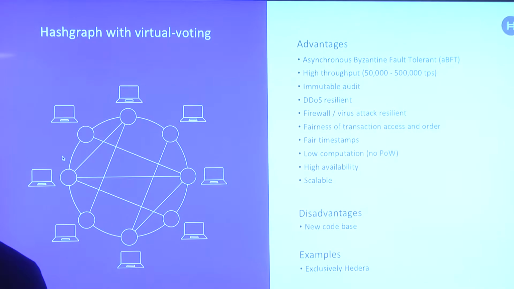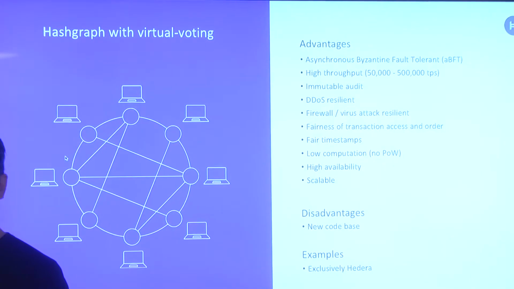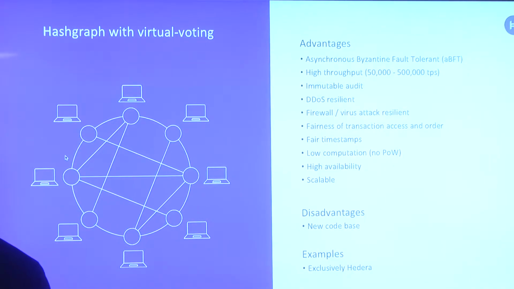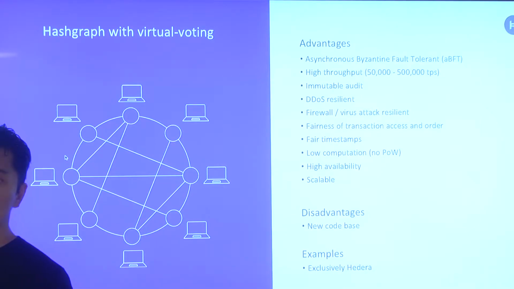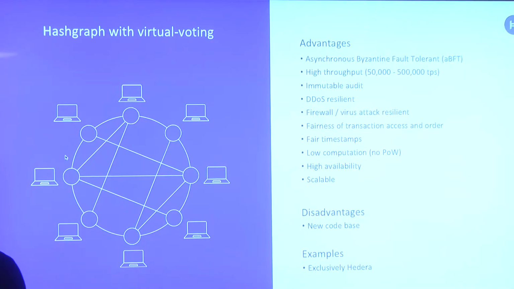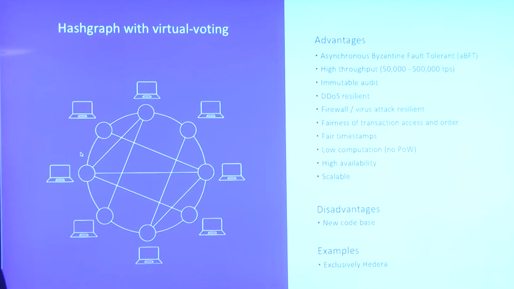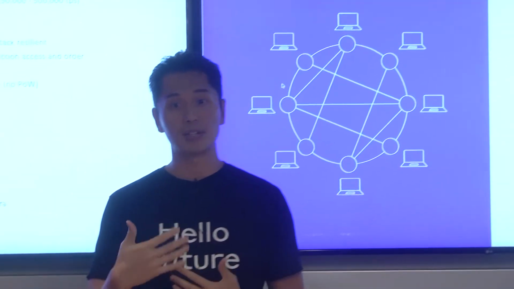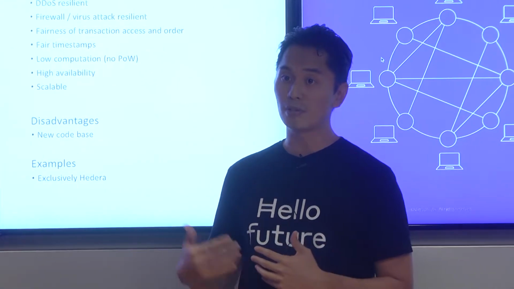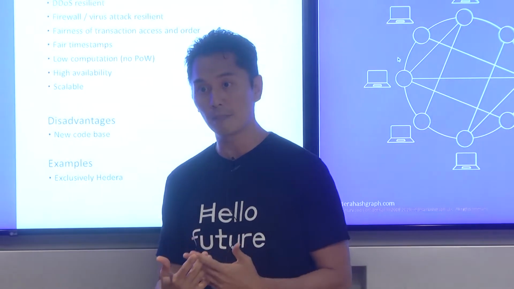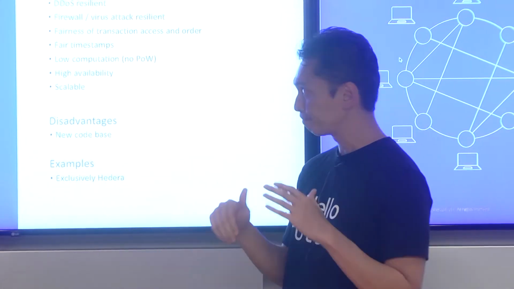It is asynchronous Byzantine fault tolerant at the highest level of security possible. And Hashgraph also introduces for the first time the concept of fairness, where no member of the community can manipulate the order of transactions that enter into the ledger. So every transaction has a fair timestamp associated with it.